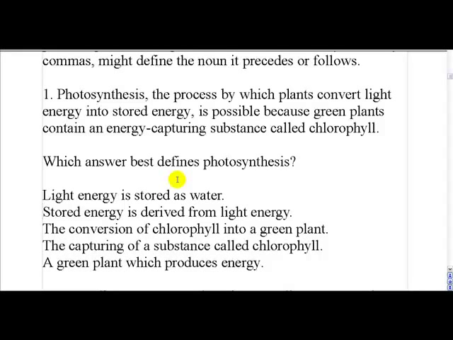Now here's another tip. The TOEFL likes to take, for example, plants convert light energy into stored energy, and turn it around by saying stored energy comes from or is derived from light energy.